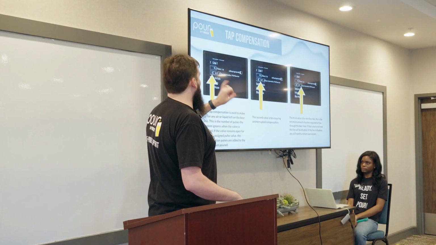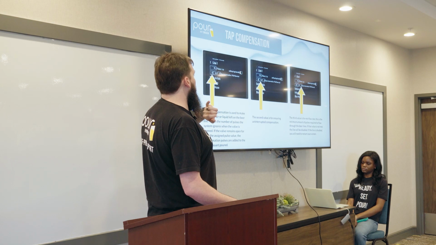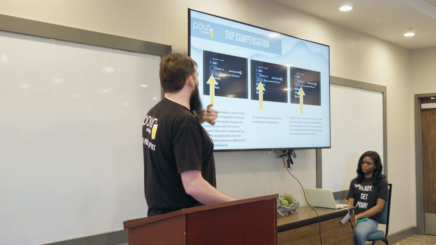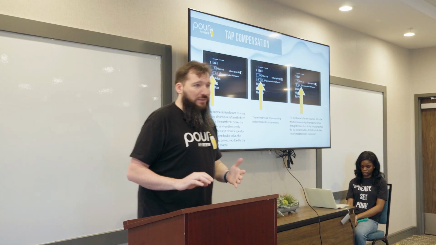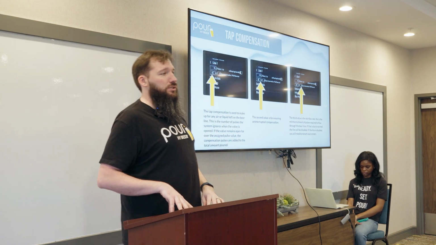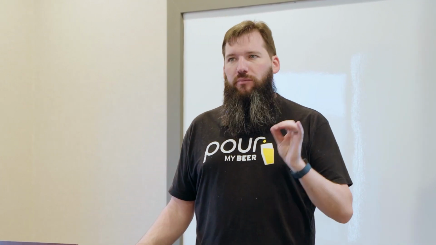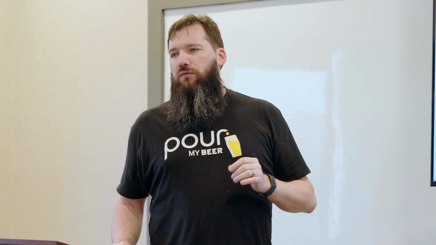Tap compensation is very important for your customer experience. Basically, with any draft system, if you just walk up and pull the handle, you're going to get a dribble. There's going to be 0.2, preferably 0.2 to 0.3 ounces of fluid that can pour.